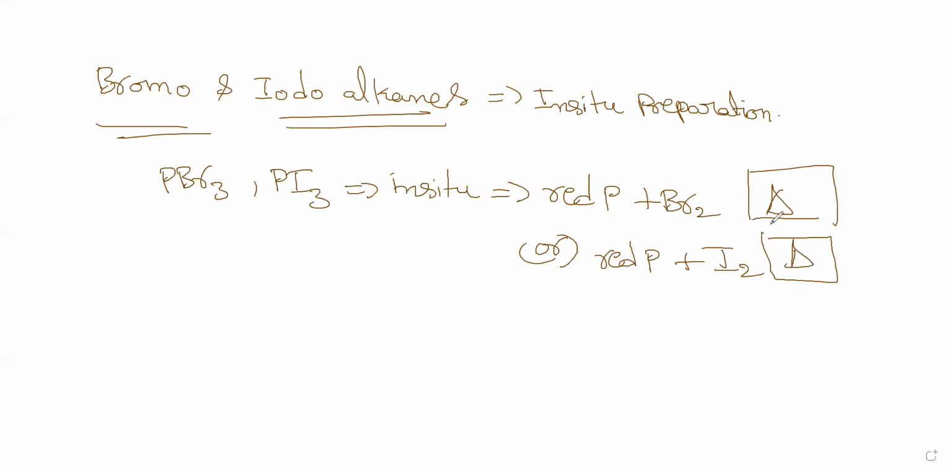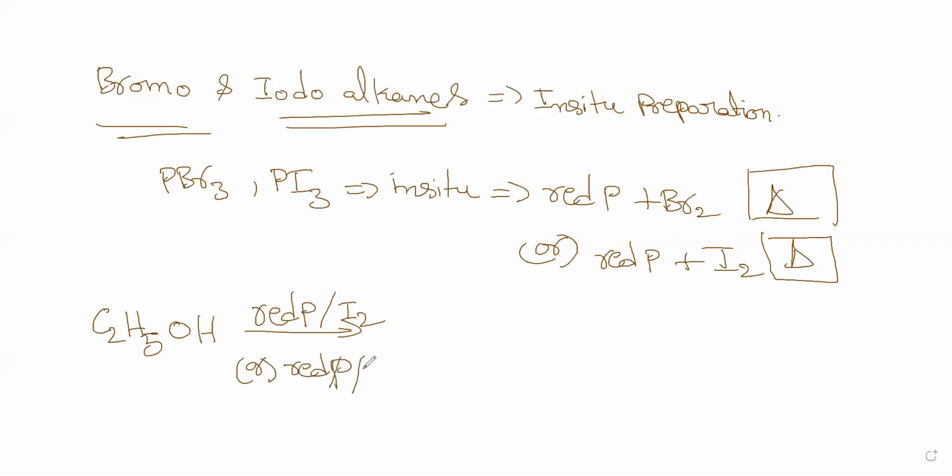So the reaction is C2H5OH. I'll take it very simple. C2H5OH with red phosphorus and iodine, or red phosphorus with bromine. Any of these reagents will prepare either PBr3 or PI3.